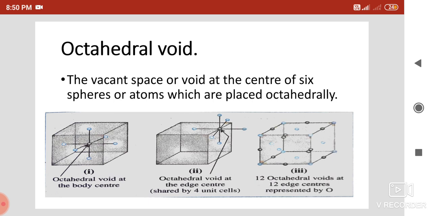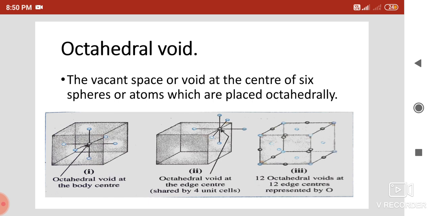So let us see what the octahedral void is. It is the vacant space at the center of 6 spheres or atoms which are placed octahedrally. When 6 spheres or atoms are placed octahedrally, a vacant space is formed at their center.